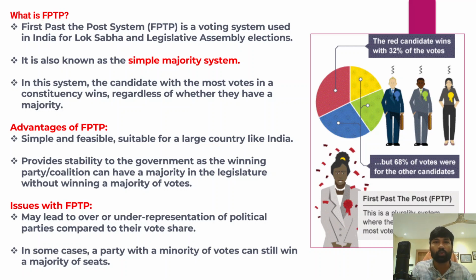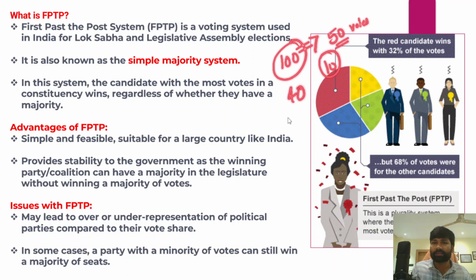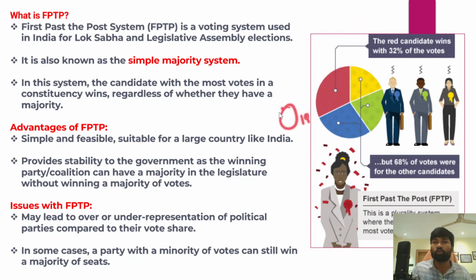Imagine that there are 100 voters, and out of 100 voters, only 50 cast their vote, and out of 50 voters, 10 votes are invalid and 40 votes are valid, and one candidate gets around 21, and another candidate gets around 19. The candidate who gets 21 would be declared elected. So that is the first past the post system, where majority is not required.